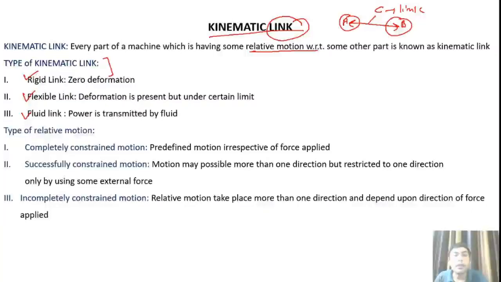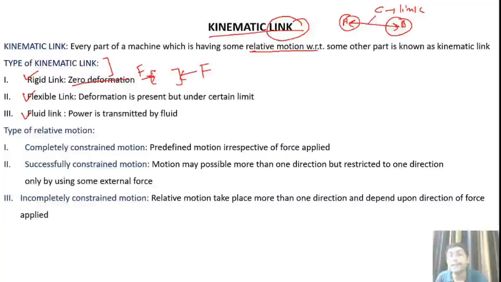Now, a link is said to be a rigid link if there is no deformation at all, means zero deformation. But in reality, there is no object in this universe in which no deformation takes place when we apply any force.